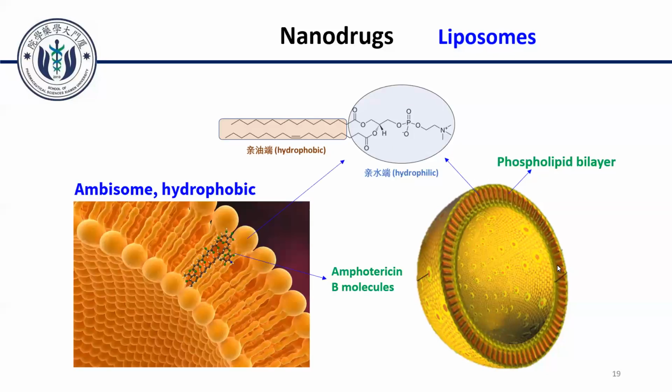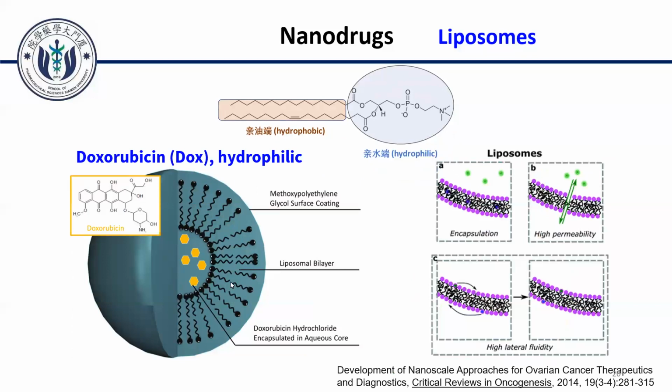That's why we can load two types of drug: hydrophobic drug in the lipid bilayer and hydrophilic drug at the core of the liposome. As you know, the membrane of the liposome is more or less similar to our cell membrane. That's why they have very high uptake efficiency by the cells. But the problem of liposomes is that they have very high fluidity, which means we have a drug leaking problem for this type of drug.